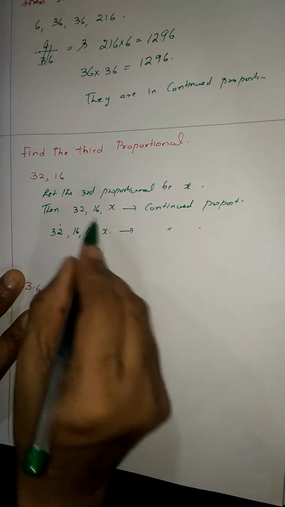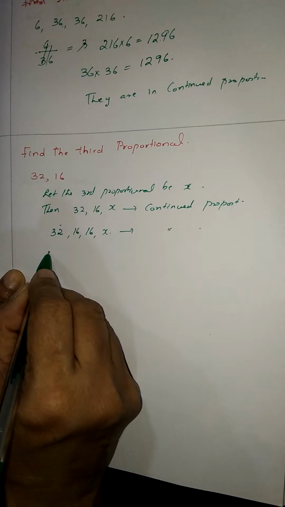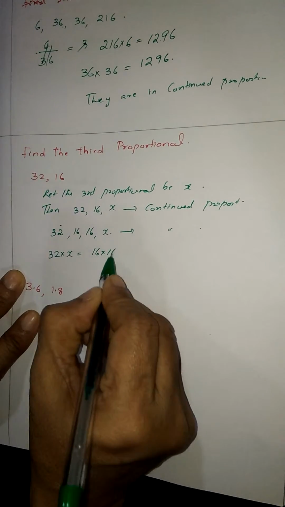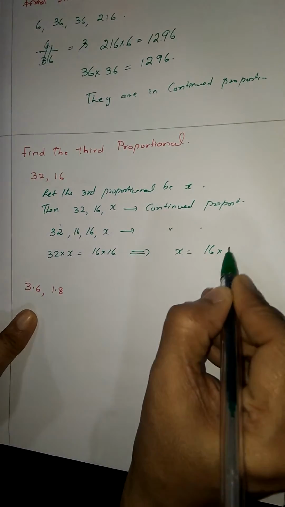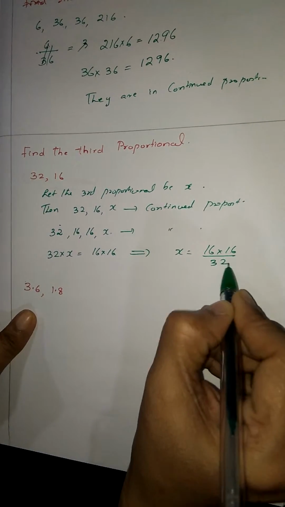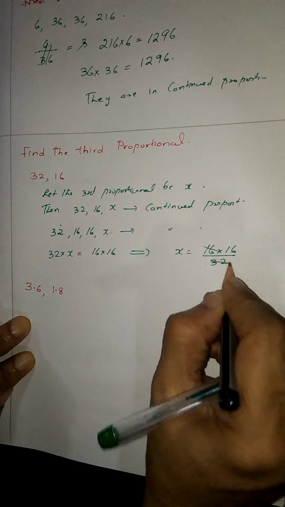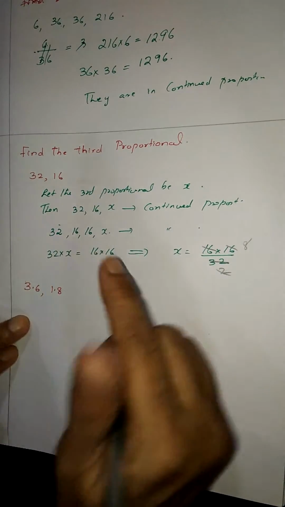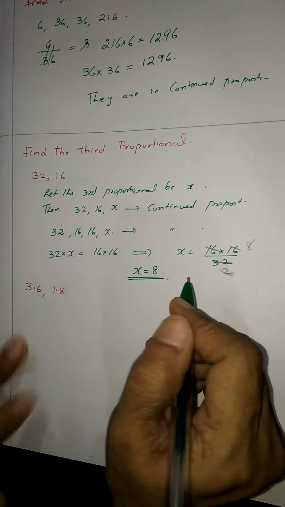So now we will use product of extremes is equal to product of means. So 32 into x is equal to 16 into 16, from which you will get x is equal to 16 into 16 by 32. So we can cancel 16 and 32 two times, and this 8 times. So the third proportional is x is equal to 8.